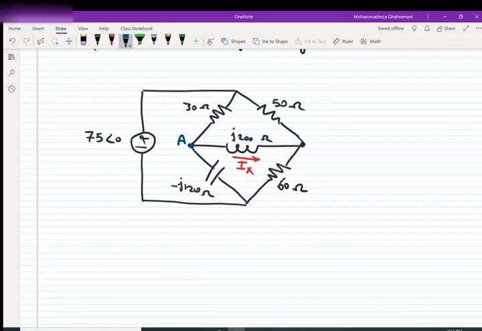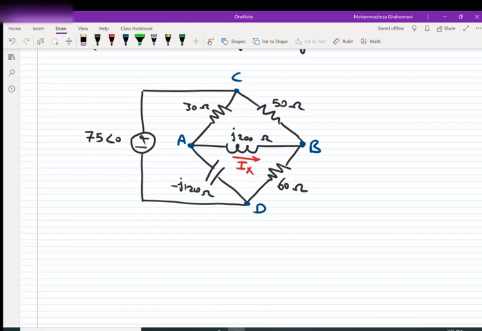We have node A here, node B here, node C here, and node D here, or like the reference point. Let's just not put the reference point for now.